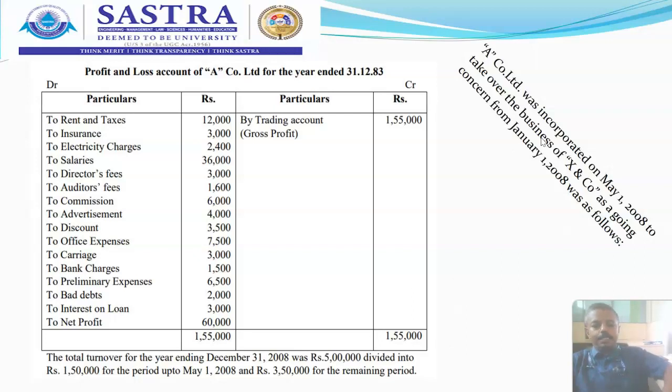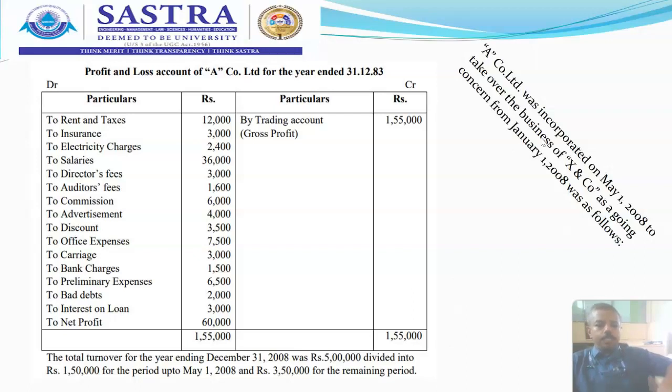Rent and taxes are fixed in nature, so they have to be apportioned on time ratio. Insurance is again purely fixed in nature, so time ratio. Electricity charges, again fixed expenses, so time ratio. Bank charges are again fixed expenses, time ratio.